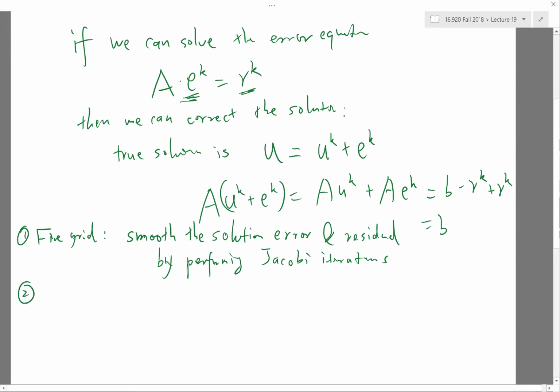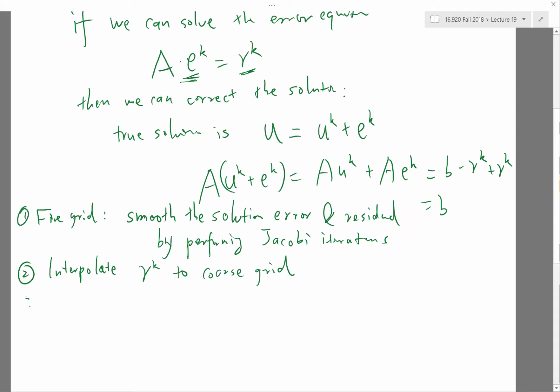And then, when the residual is already smooth, interpolate the residual RK to a coarse grid. The third step is to solve the error equation, A times EK equal to RK, on the coarse grid.